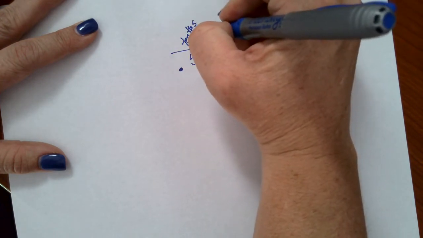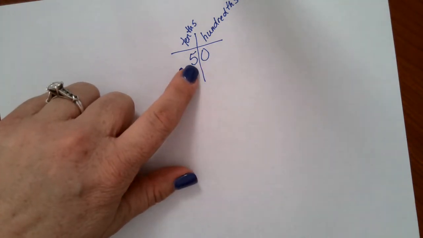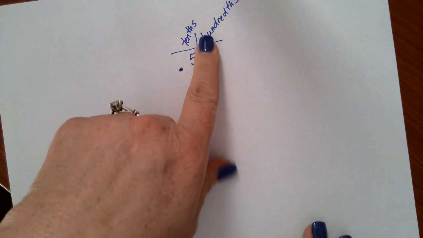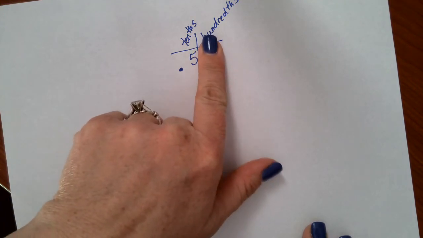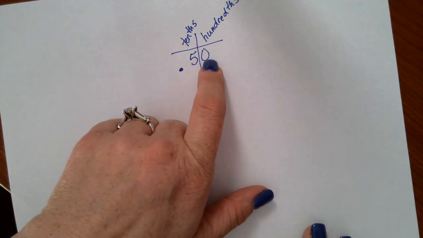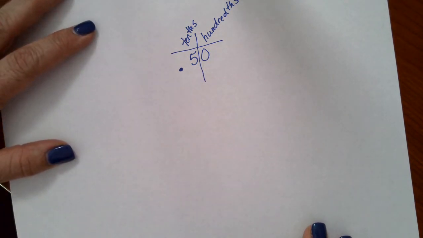We know that this is hundredths. Anything to the right of the decimal, if it ends in 0, we don't necessarily have to land in that place value. 5 tenths is actually the same as 50 hundredths. And I'm going to show you how I know that, okay?